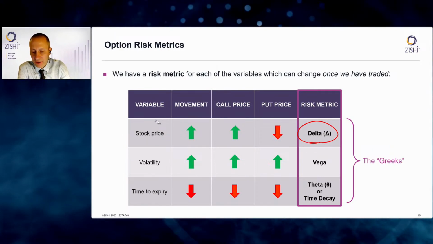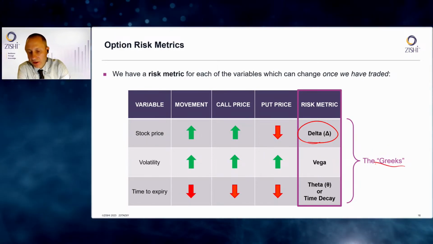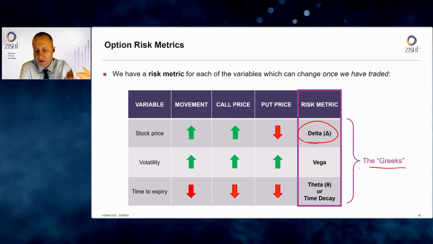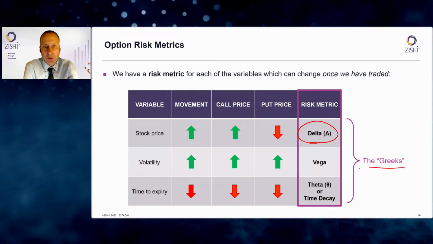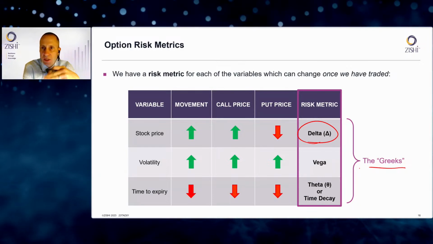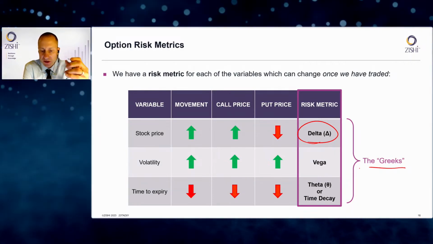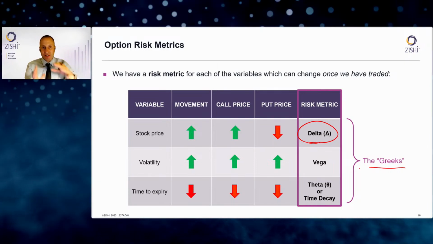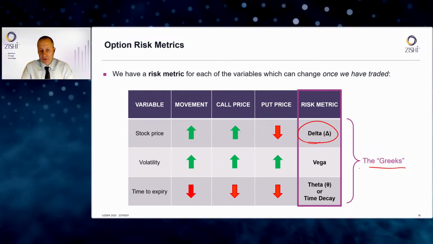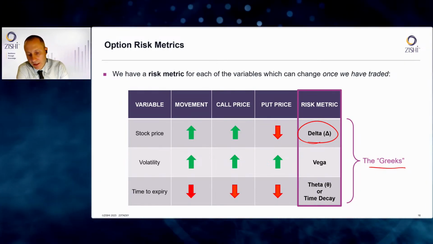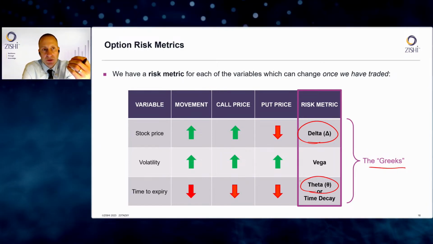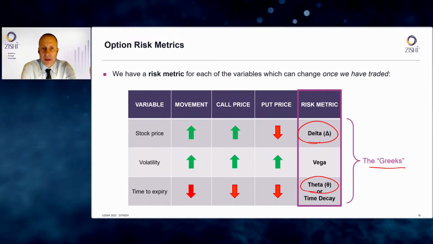Now, what you can see is that collectively, these risks are known as the Greeks. So if you hear people talking about option Greeks, they're talking about the risk metrics to all of these price drivers. Delta is a Greek letter, and it's part of why this set is called the Greeks. Theta is also a Greek letter, and theta is what we use to describe the effect of the passage of time.